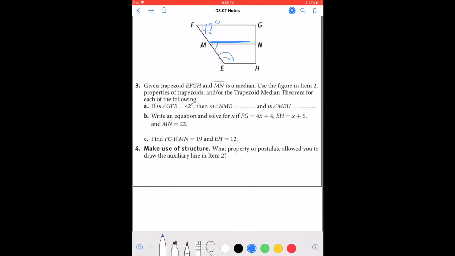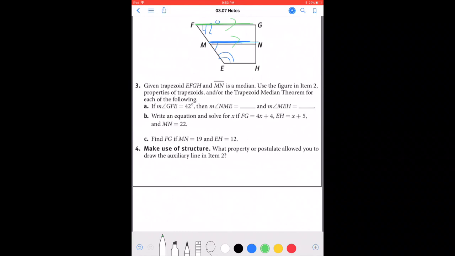All right, so we know that FG and MN are parallel, and that's by the trapezoid median theorem.